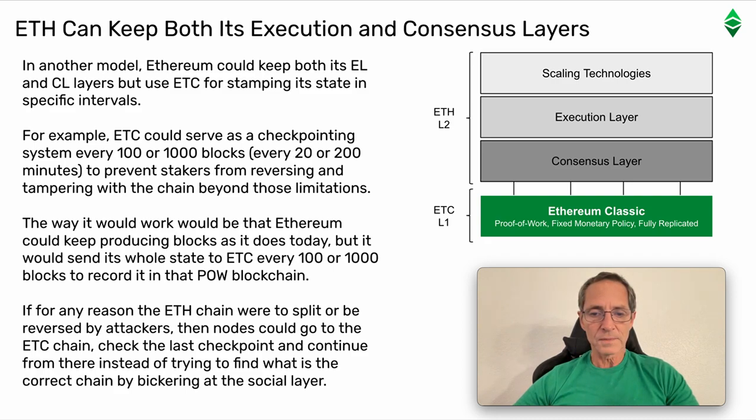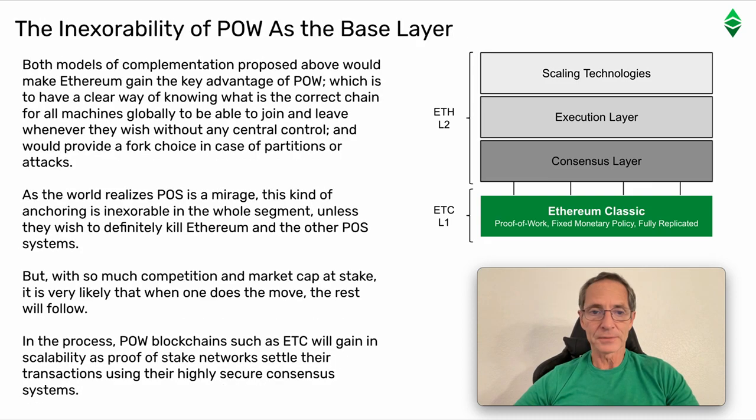The way it would work would be that Ethereum could keep producing blocks as it does today, but it would send its whole state to ETC every 100 or 1000 blocks to record it in that proof of work blockchain. If for any reason the Ethereum chain were to split or be reversed by attackers, then nodes could go to the ETC chain, check the last checkpoint and continue from there instead of trying to find what is the correct chain by bickering at the social layer.